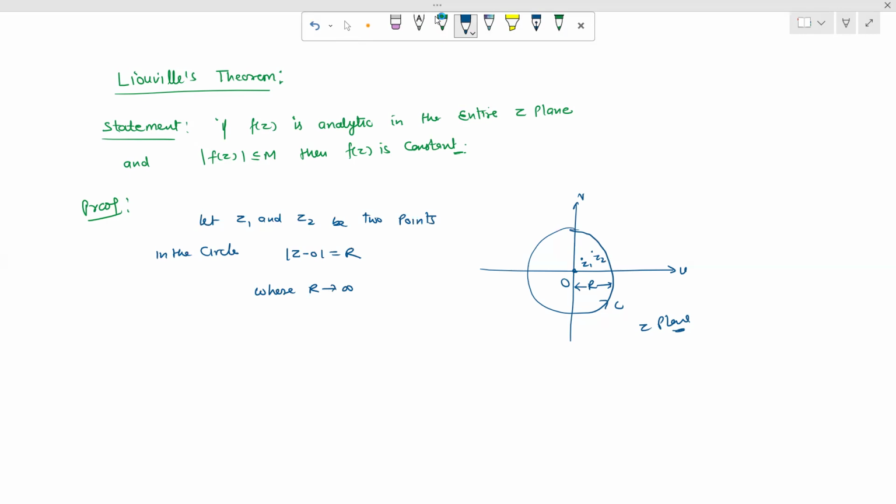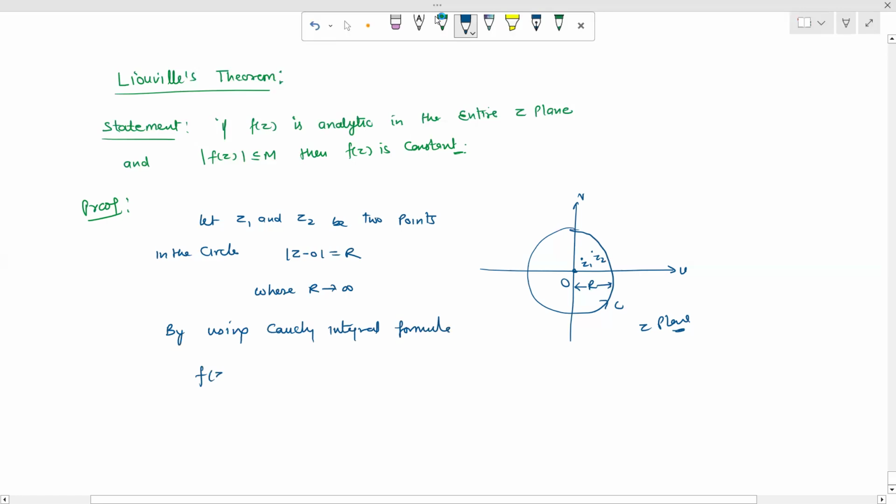Now by using the Cauchy integral formula, first we write down for f of z1. f of z1 can we write as 1 upon 2 pi i, integration along the curve C, f(z) dz upon z minus z1.